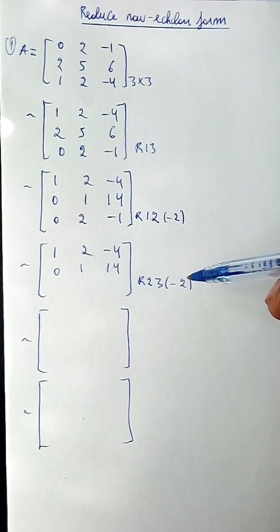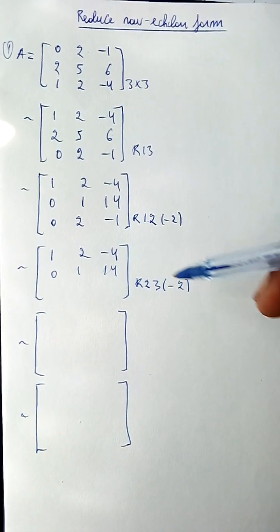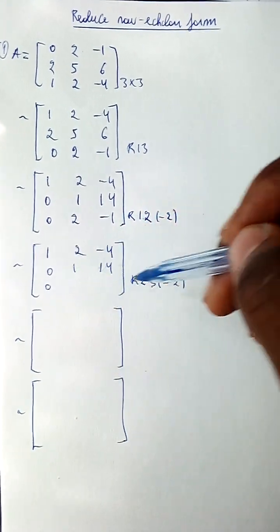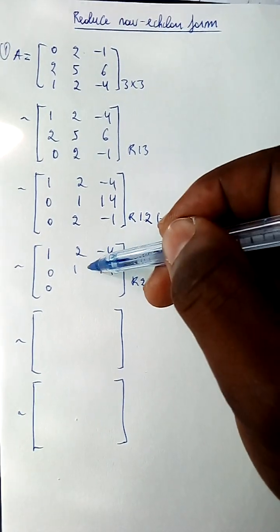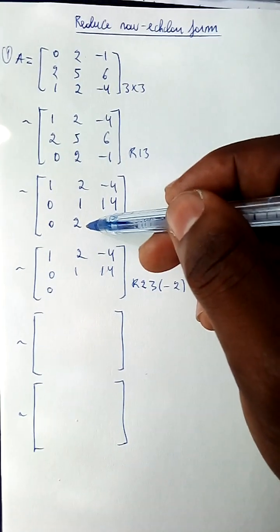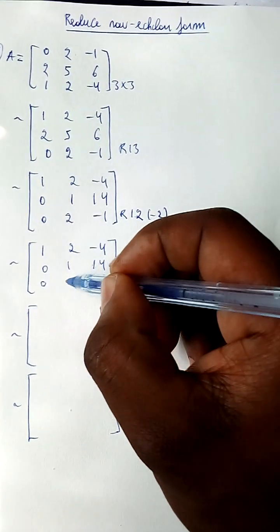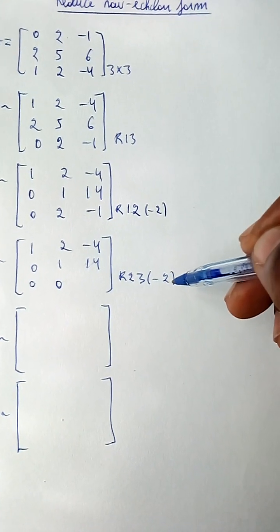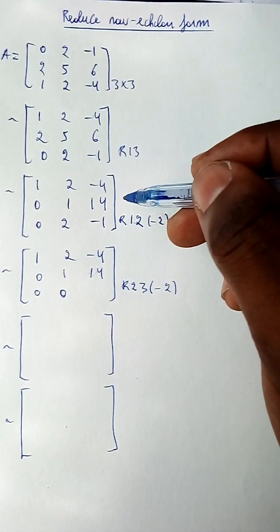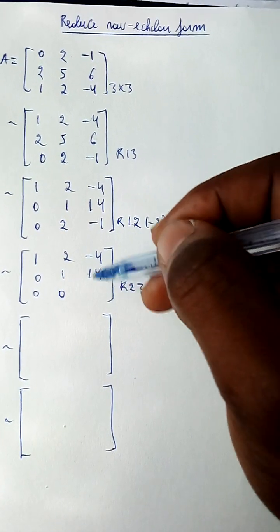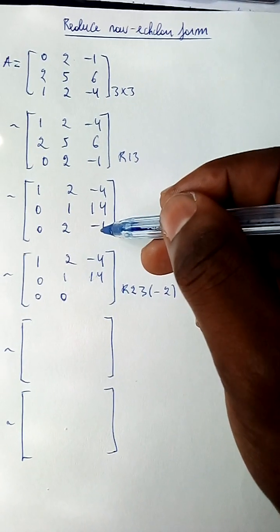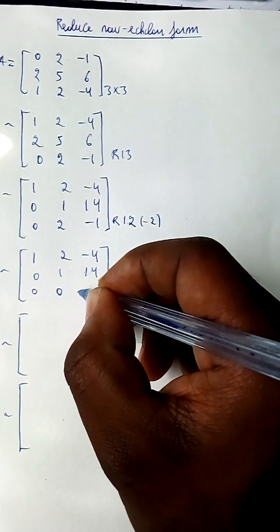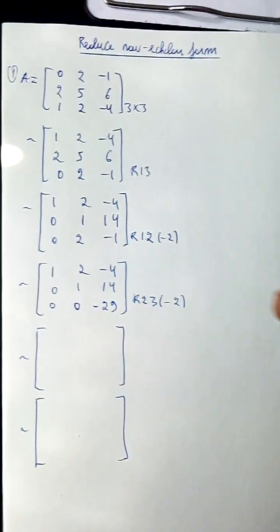So guys, we are using -2. -2 times 0 plus 0 is equal to 0. -2 times 1 plus 2 is equal to 0. -2 times 14 minus 1 is equal to -29.